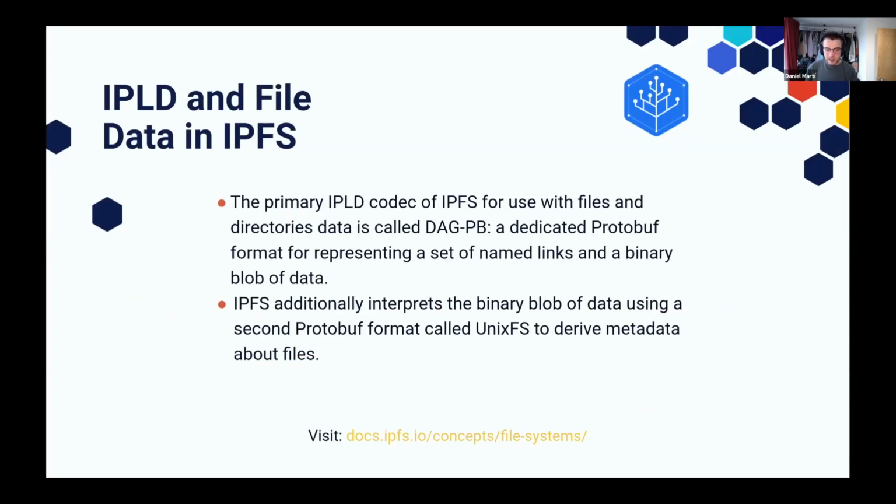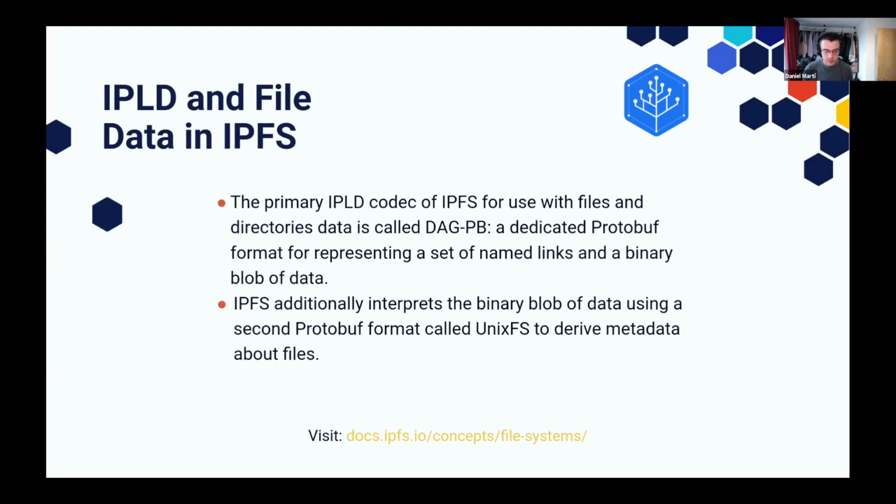So expanding a little bit on the relationship between IPLD and IPFS, we've said that IPFS only stores files and directories. And the way it does that is with a codec called DAG-PB. And DAG-PB is just what we've called a dedicated protobuf schema. It's a specific protobuf format.